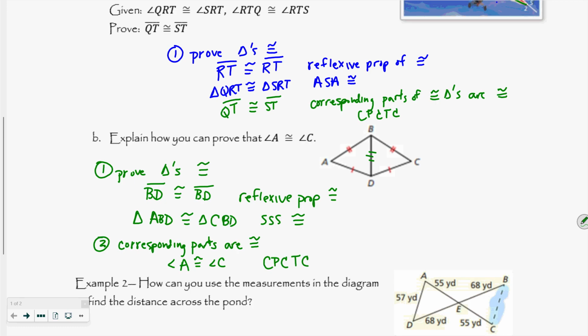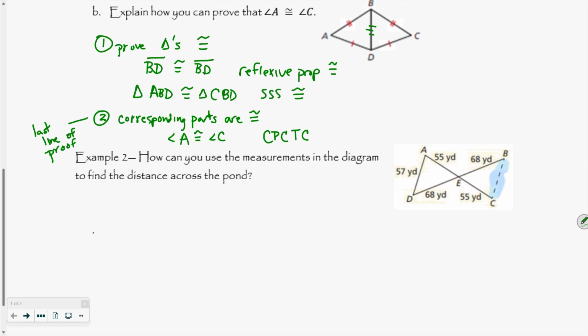Okay, so your proof looks just like what we've done before. This would be the last line of the proof. So prove the triangles are congruent, and then your last line is angle A is congruent to angle C because, and your reason is CPCTC.